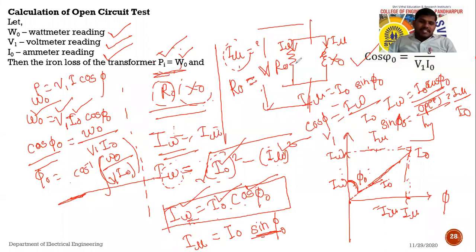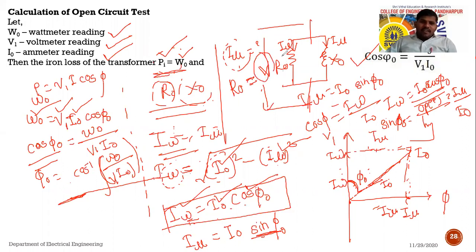What is the Ohm's law equation? V upon IW. V upon I. So R is equal to V upon I.